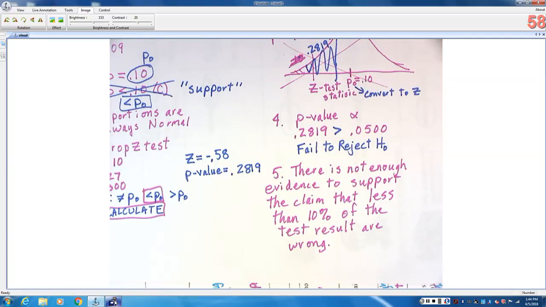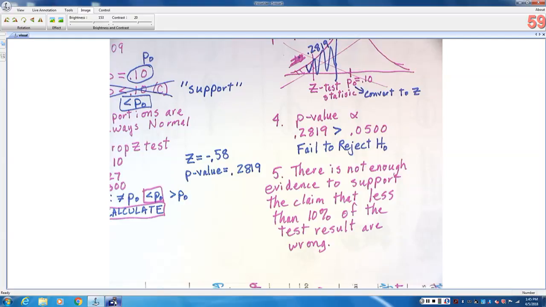So we remember this number. If it's greater than, we fail to reject. If the P is low, you always reject it, or you fail.